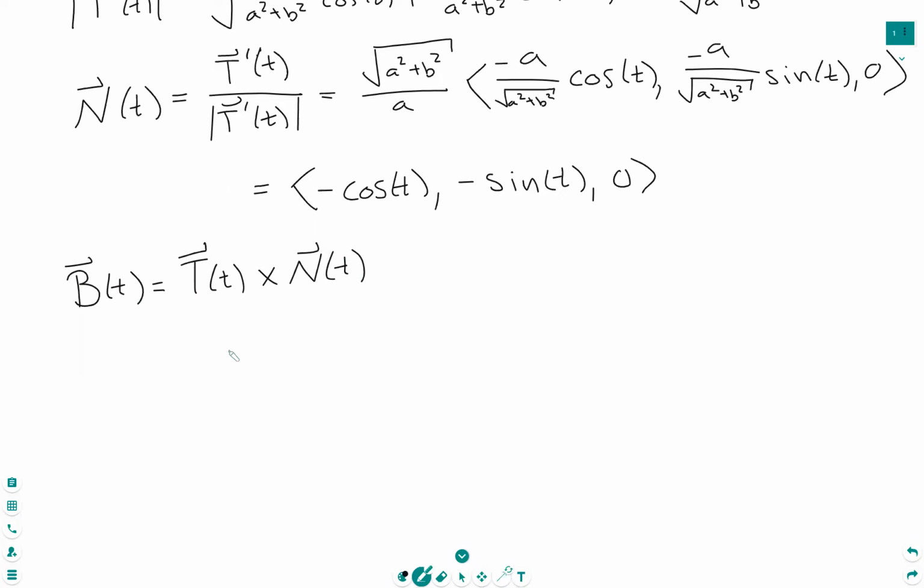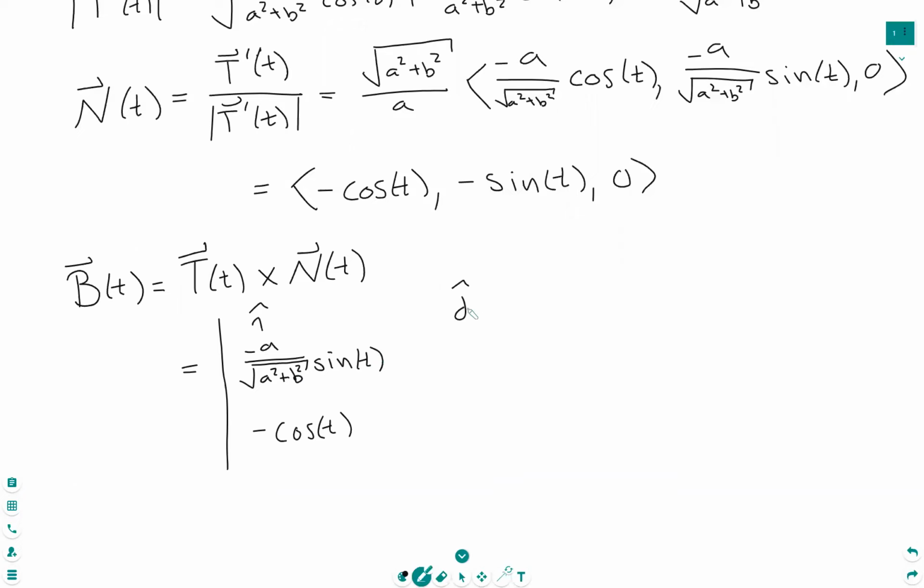So let's go ahead and set up our determinant. We have i hat. And then in our x component for T, we had negative a over the square root of a squared plus b squared times sine of t. And then the x component for our N vector was just negative cosine of t.